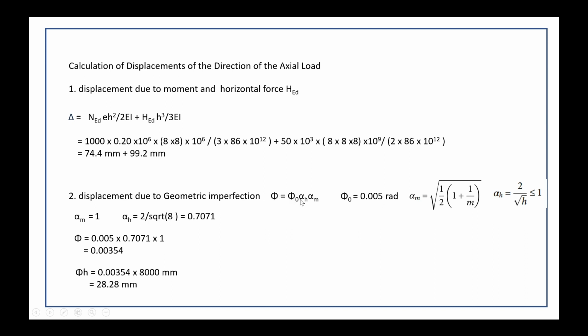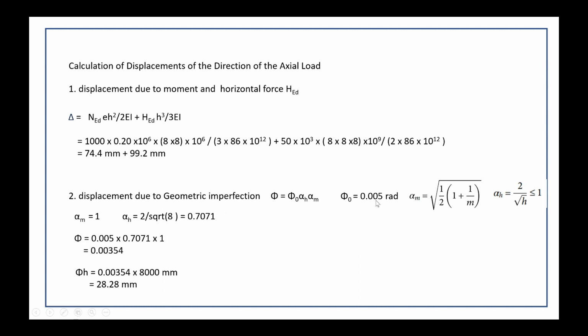Phi is equal to phi0 multiplied by alpha h multiplied by alpha m. Phi0, the recommended value, is 0.005 ratio, and alpha m, when you input m equal to 1, for a single column or a cantilever column is 1. So alpha m is equal to 1. And alpha h is 2 over square root of h, the value is equal to 0.7071.